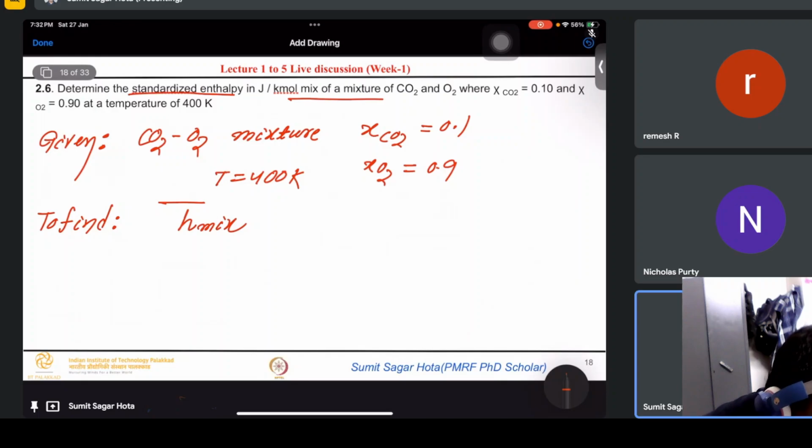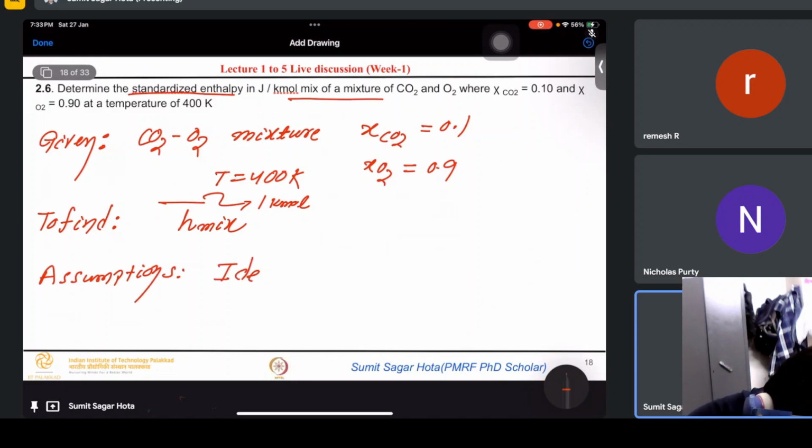So these are the things given, and the assumption I can take is ideal gas behavior.